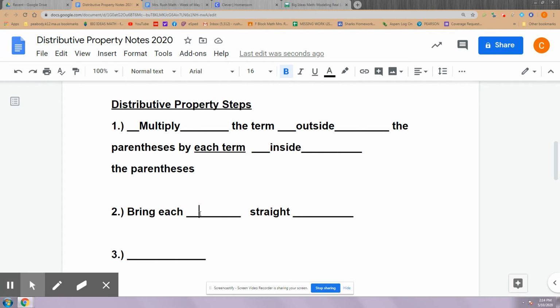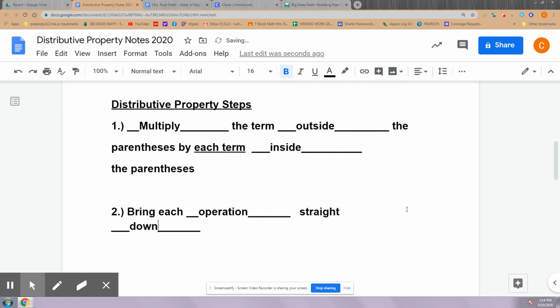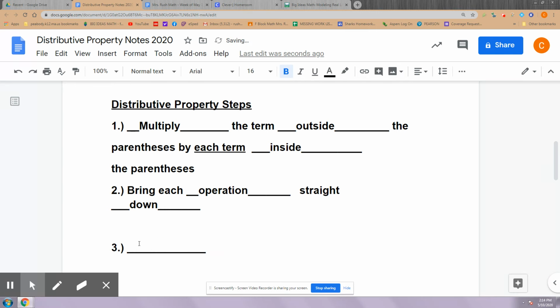Step number 2, bring each operation straight down. So if it's a plus or a minus, you're going to bring that right down. And then step 3 is simplify if we can. Okay, great. All right, guys. So now all we're going to do is a few examples together on the back.